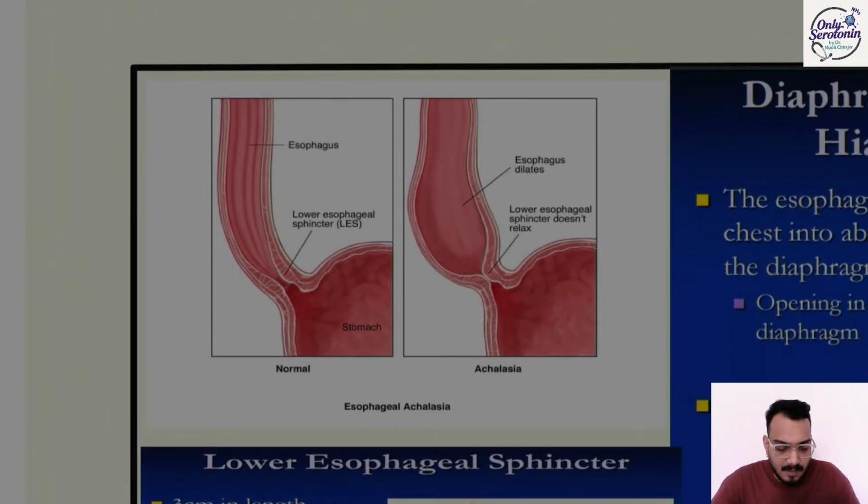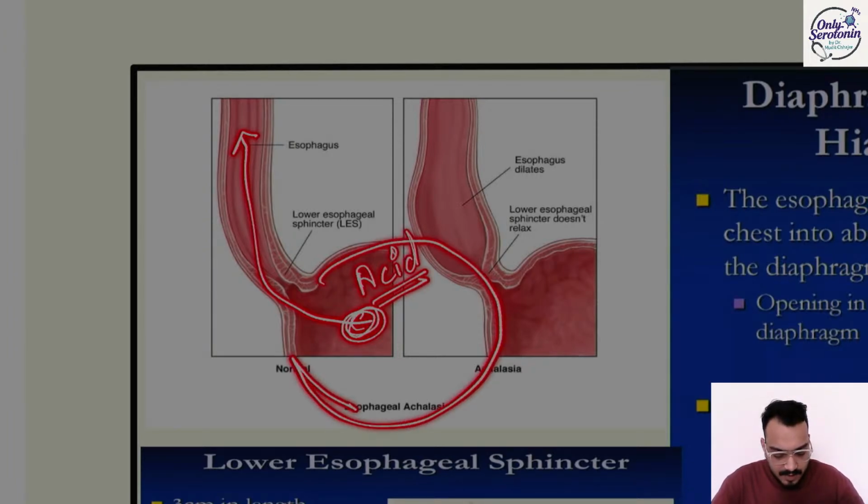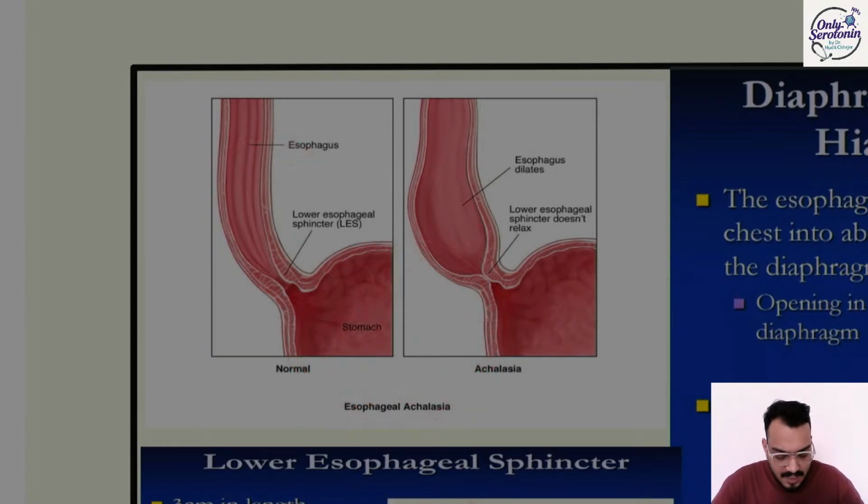Same, guys, the GERD will happen to this patient, and because of the GERD, the stomach contents will go inside the esophagus. All of us know that the stomach has acidic content and a protective layer for the acid, but the esophagus does not have this protective layer. So whenever this acid goes up to the esophagus, it will burn and try to damage the esophageal layers, right?